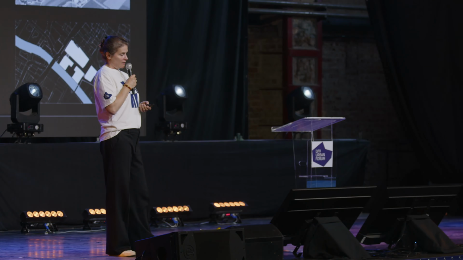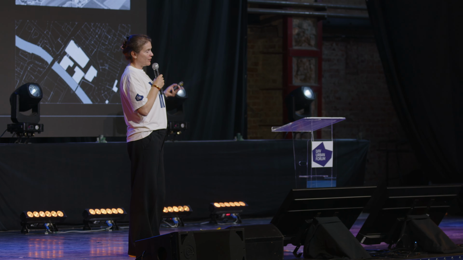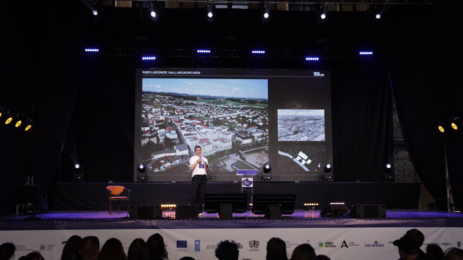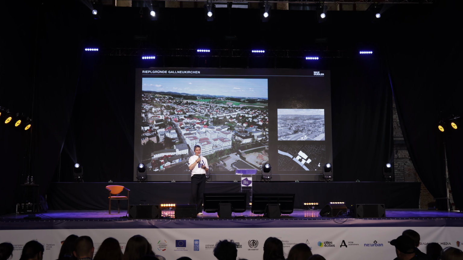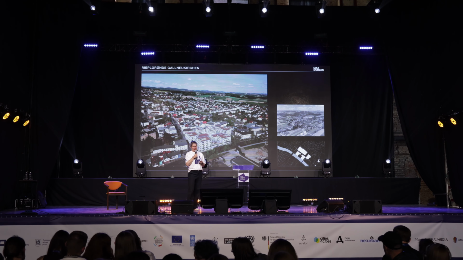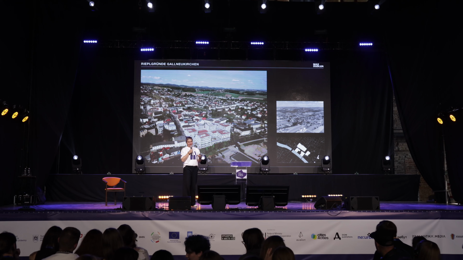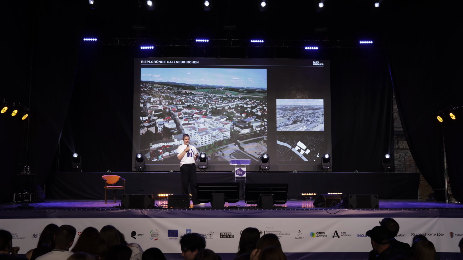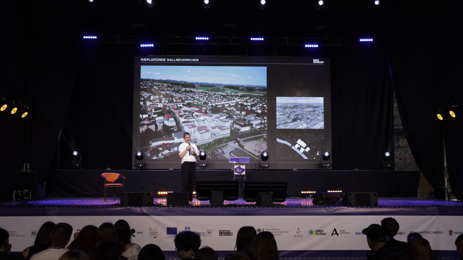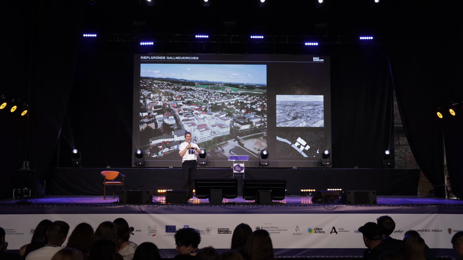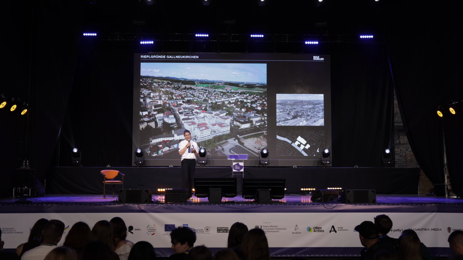So that project deals with urban sprawl in rural areas and the idea to bring life back into a city center. This is a very little village called Gallneukirchen next to Linz in Austria. And the client had the idea of having a multifunctional quarter which offered all the functions for the city center, again in the city center, and not moved out to the outskirts of the village.